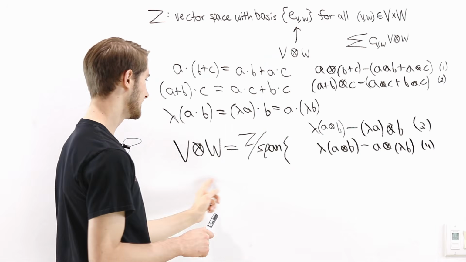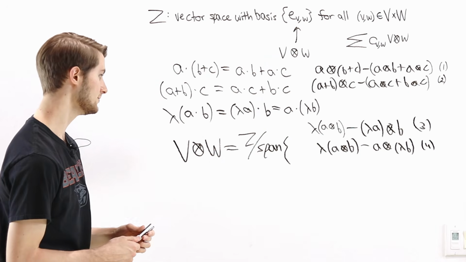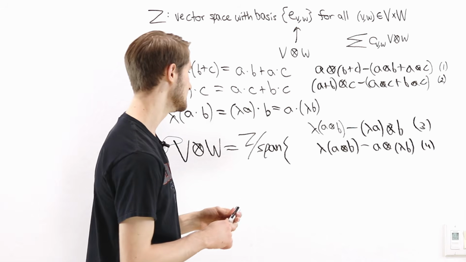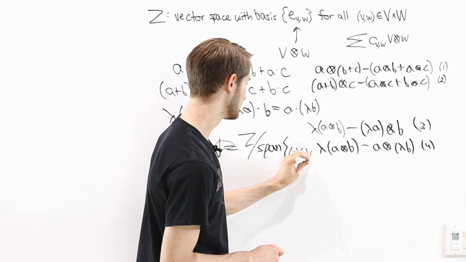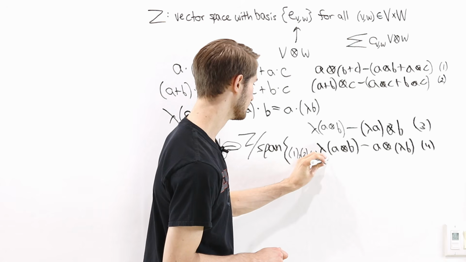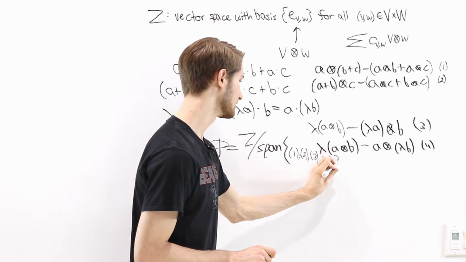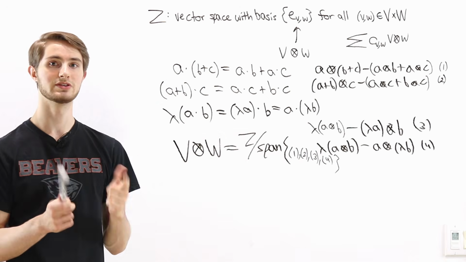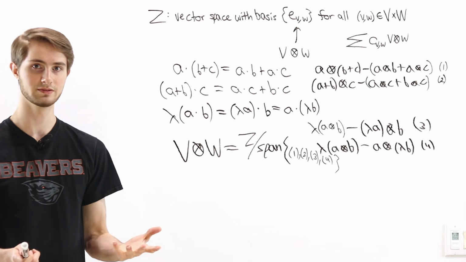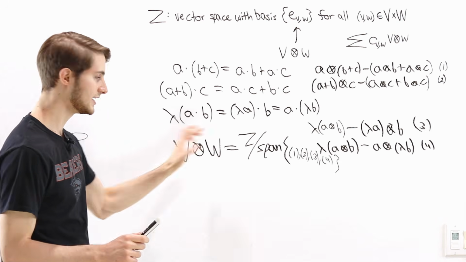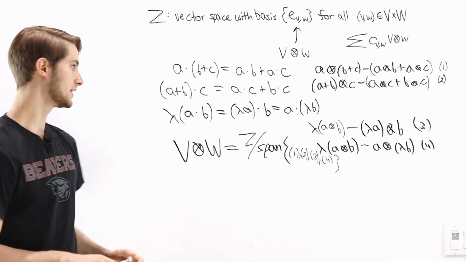So when we take the tensor product v tensor w, we take the quotient of z by the span of 1, 2, 3, and 4. Those four relations are the ones that we use to set up the tensor product. And this is our final construction. So this is our final definition of the tensor product.